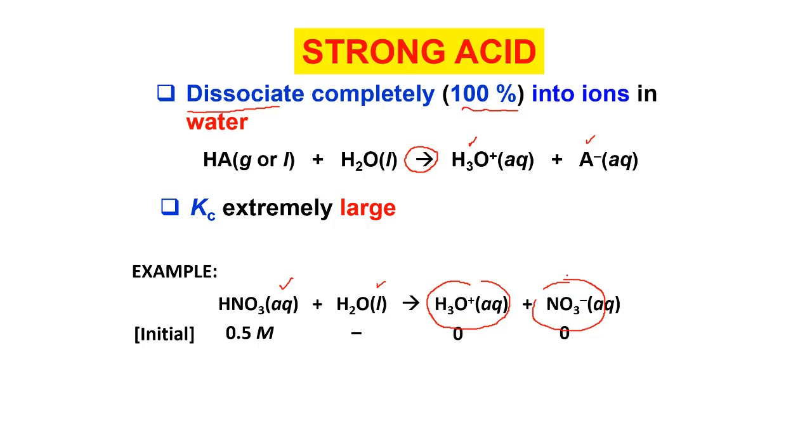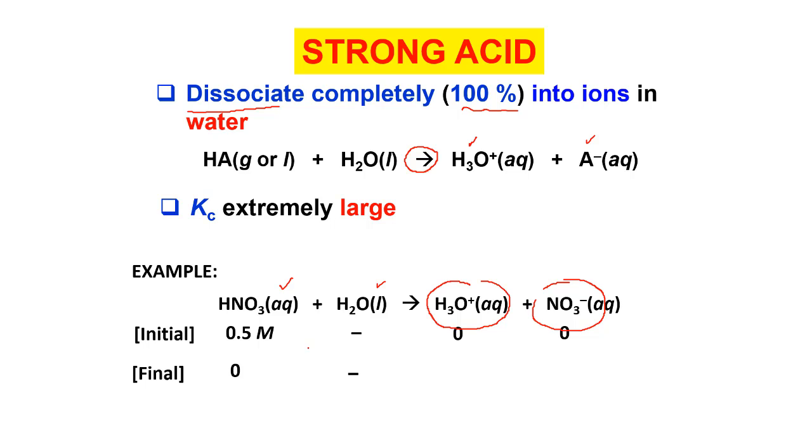When dissociation occurs, because nitric acid is a strong acid, it dissociates completely into its ions. So you see here the final concentration is 0. Why 0? Because it is a strong acid, it undergoes complete dissociation in water. And water we omit, we ignore.